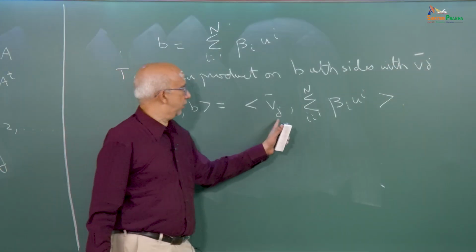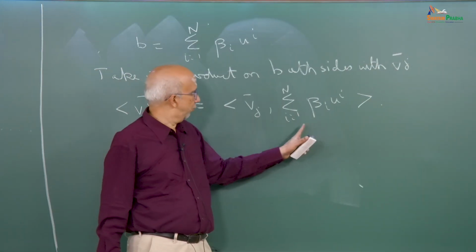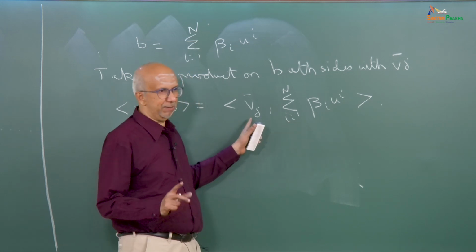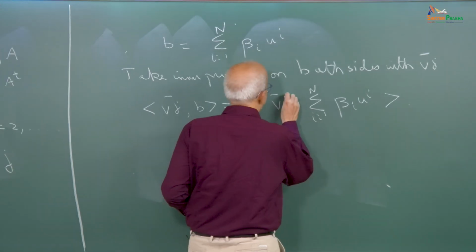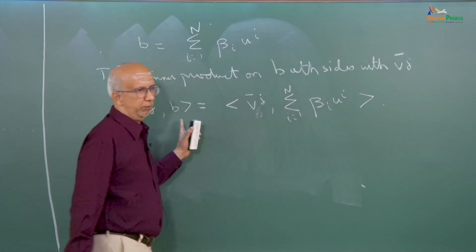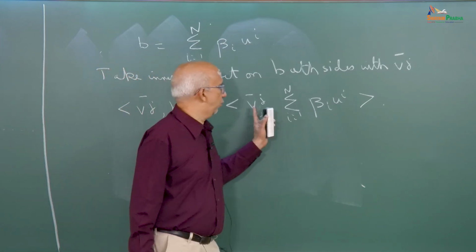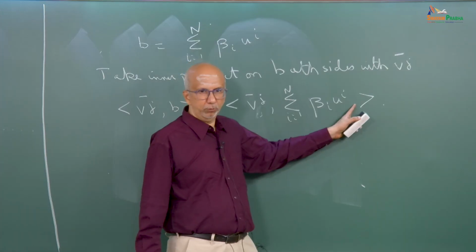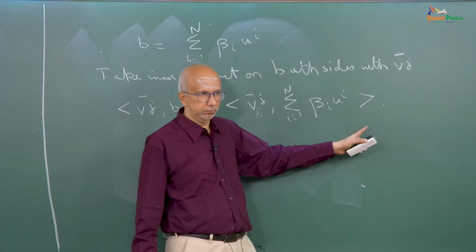Now, because of the biorthogonality property, this j will be some number, I should put this on top. Supposing you take v1 bar, this will be j is 1, this will be 1, only 1 and u1 will contribute, all the other terms will be 0.